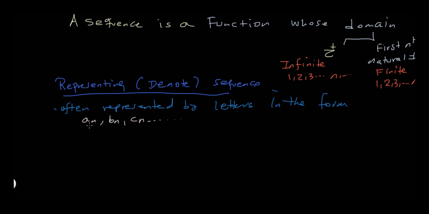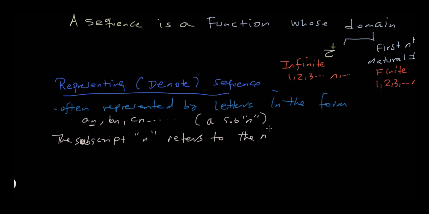So in this case, the subscript, we can read this as a sub n, or b sub n. So what does this subscript tell us? In this case, n refers to the nth element of the sequence.